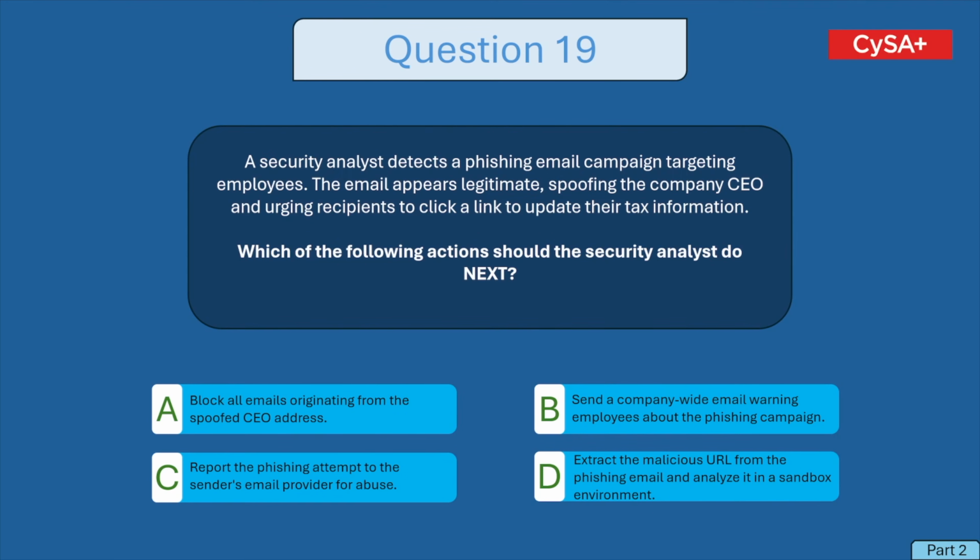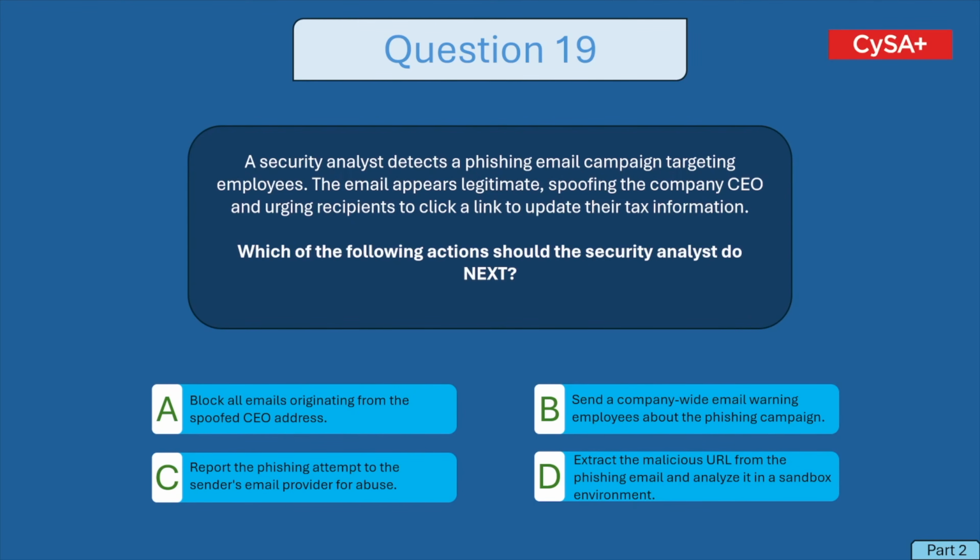Question 19. A security analyst detects a phishing email campaign targeting employees. The email appears legitimate, spoofing the company's CEO and urging recipients to click a link to update their tax information. Which of the following actions should the security analyst do next?